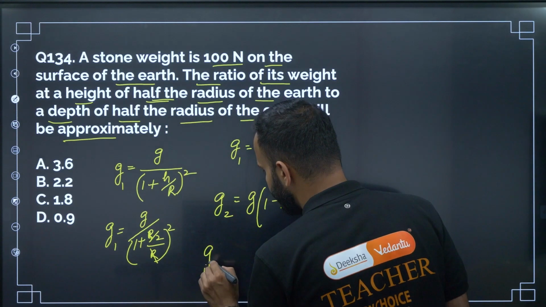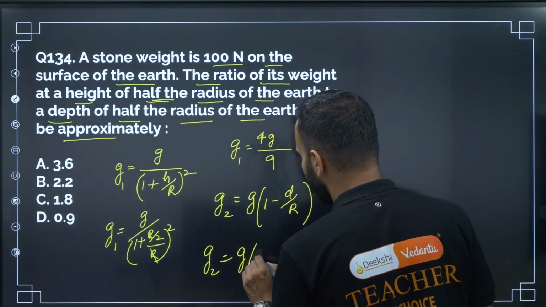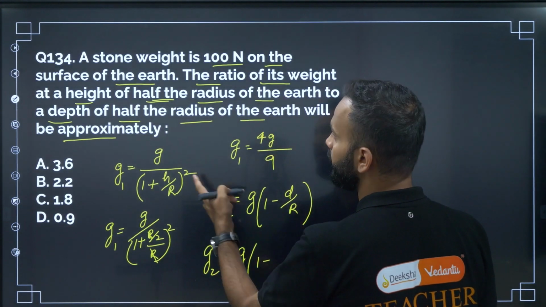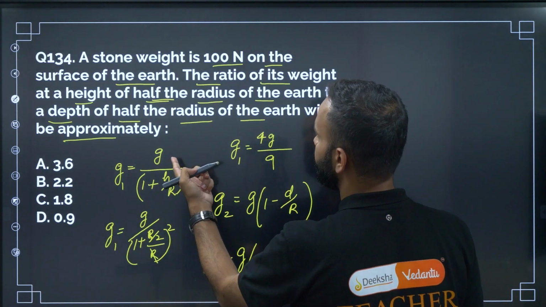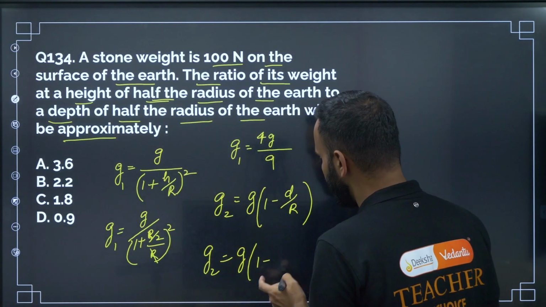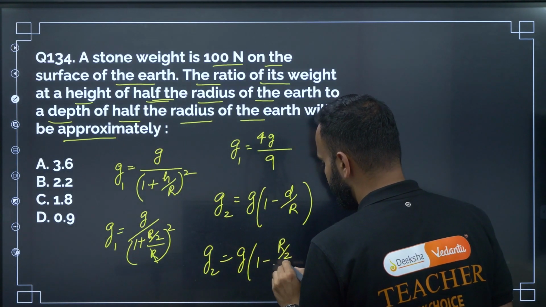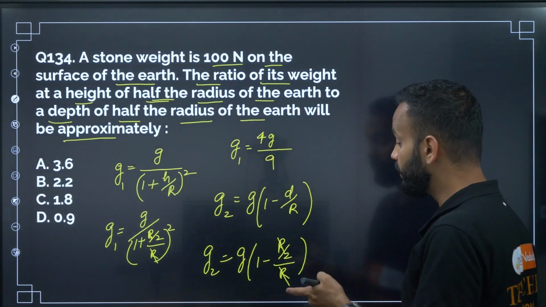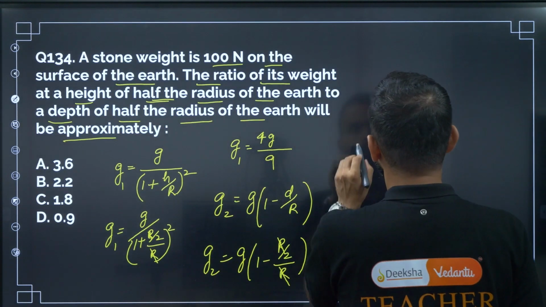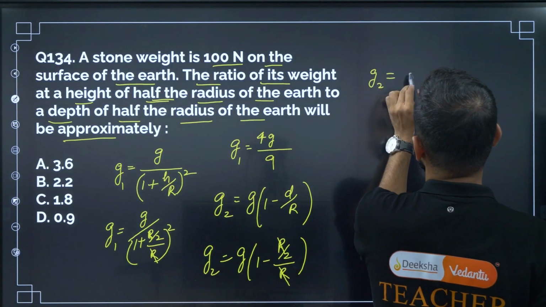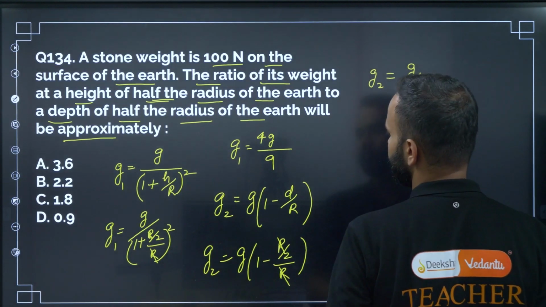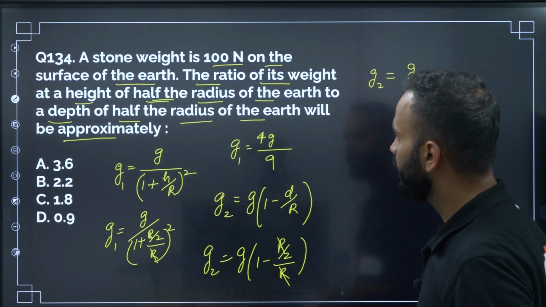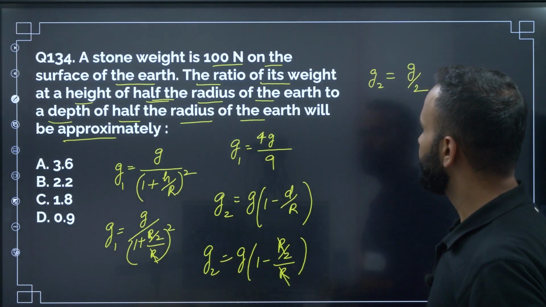So now g2 is equal to g into 1 minus d, in this case, what is the value of d? D is r by 2. So r by 2 by r. So r will get cancelled. 1 minus 1 by 2 is 1 by 2. So now g2 is equal to g divided by 2. Okay, g2 is equal to g by 2.